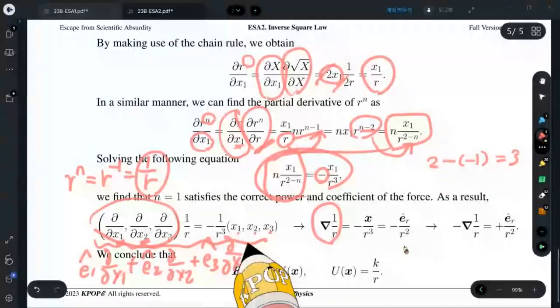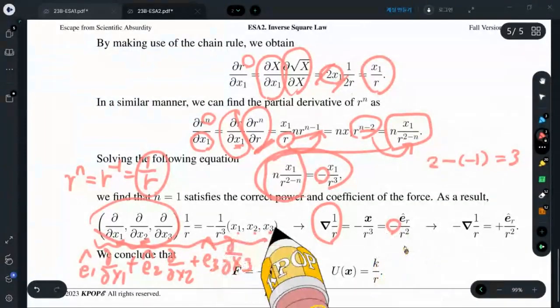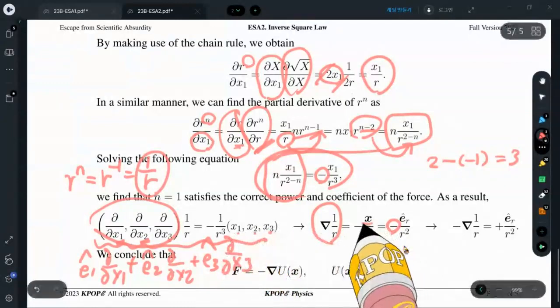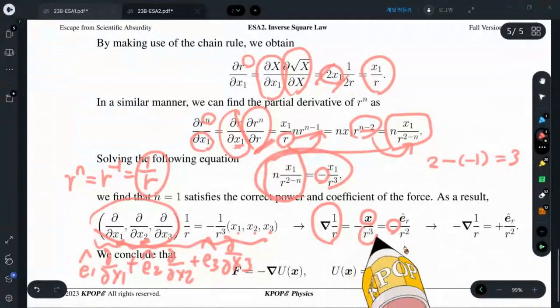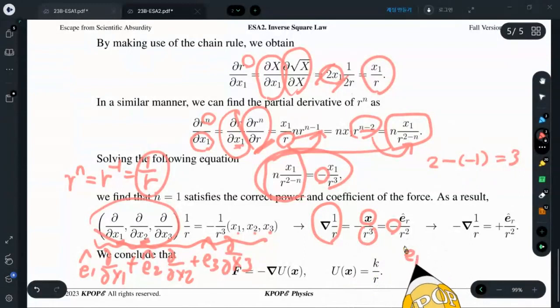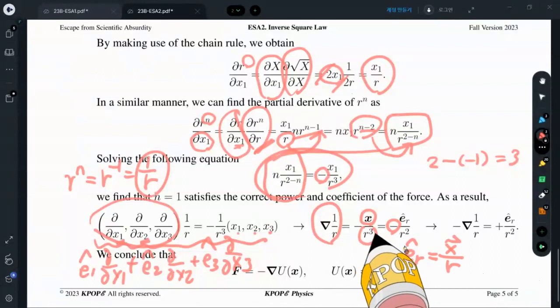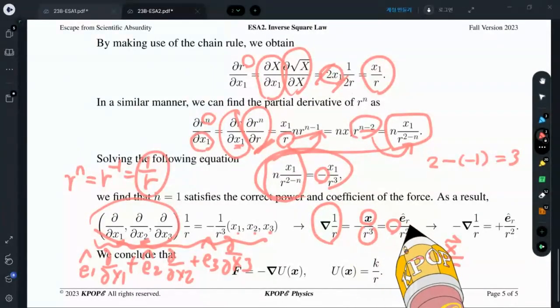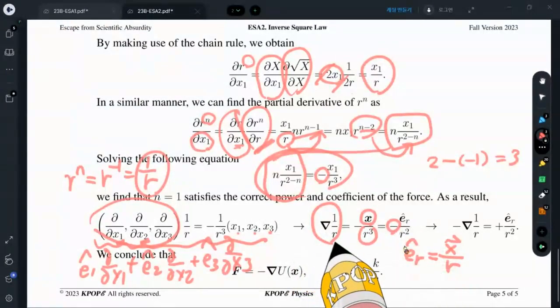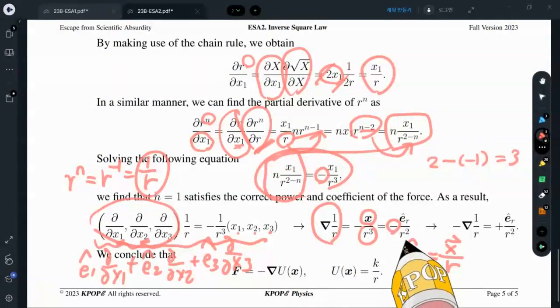The gradient of 1 over r is minus this one. What's that? This is the position vector divided by r cubed. But by definition, the unit radial vector is this one divided by r. So I remove a single power in the denominator and replace the x vector in the numerator with the unit radial vector. As a result, the gradient of 1 over r is the negative of the inverse square.